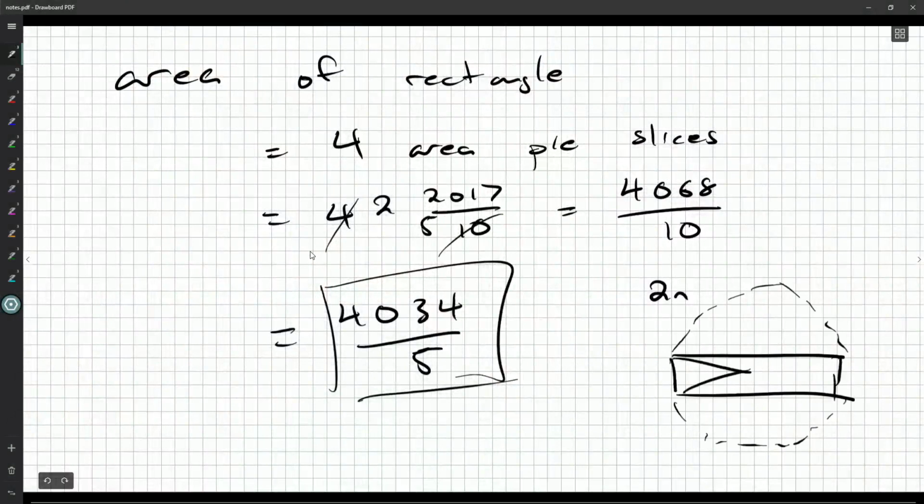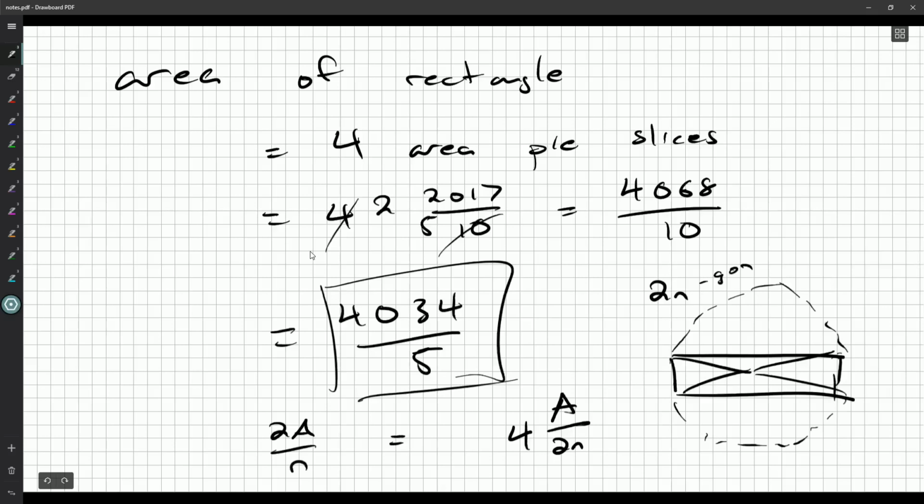The same pie slice reasoning should apply, and so a rectangular band across the diameter of a regular 2n-gon should always be 4 of these pie slices, so 4 times the area over 2n, which I guess would always be 2A over n. And that's exactly what we saw here, but it's a neat little generalization of the problem. And I always like it when a problem makes me think even after I've done the problem.